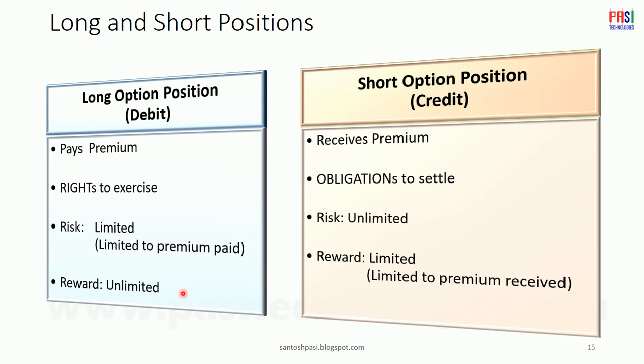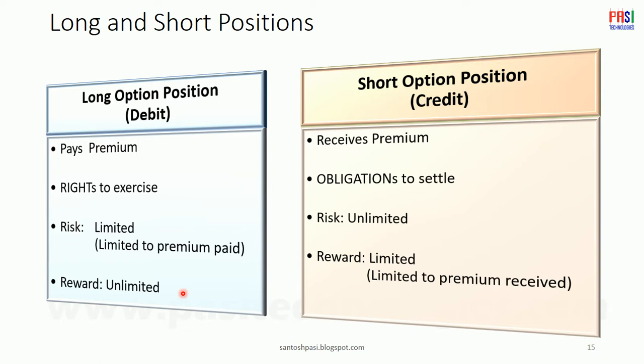Now let's consider the builder case. As a builder, if you're shorting, the builder has shorted the option, so he will receive the money. Assume that we are the builder: we would be receiving the money, but in turn we get the obligation, and that obligation is to settle. The risk would be unlimited because as a builder my material cost can increase.